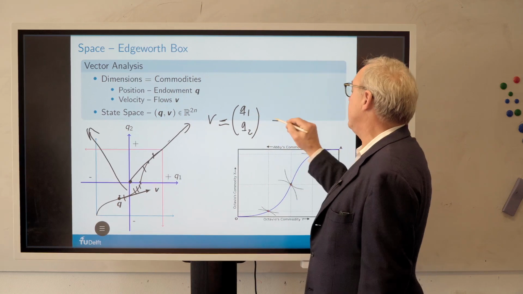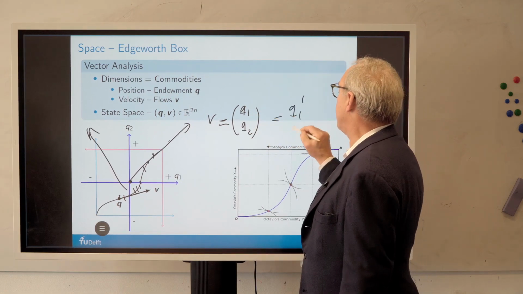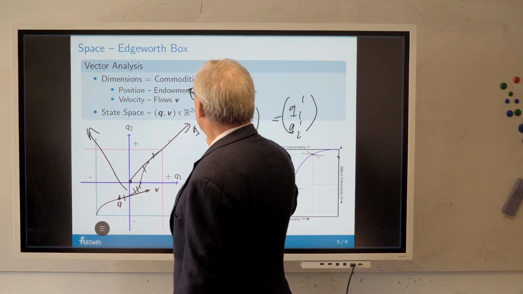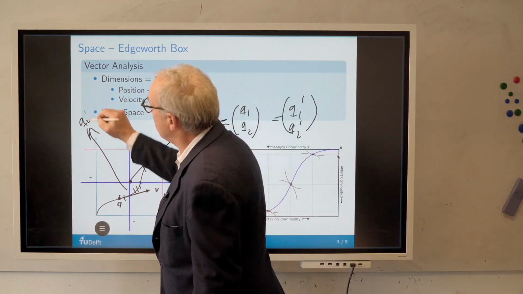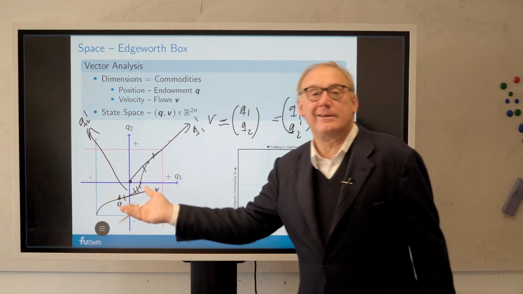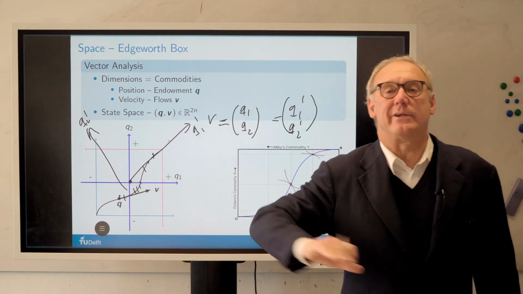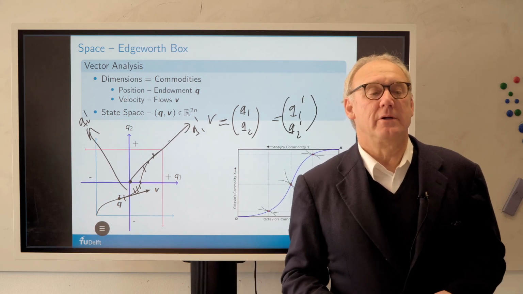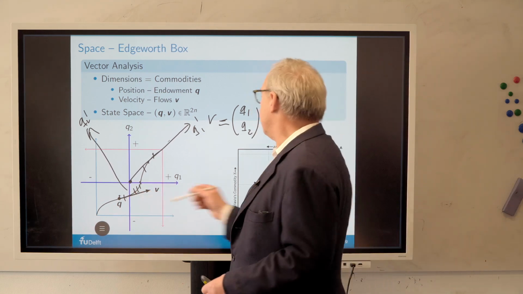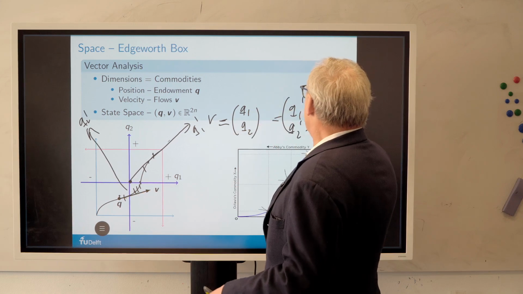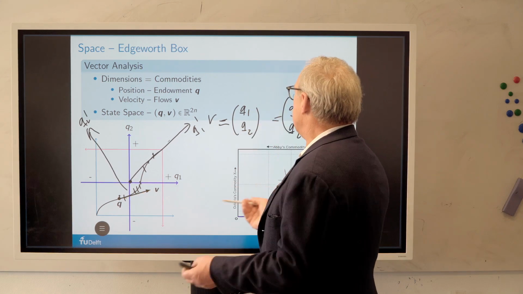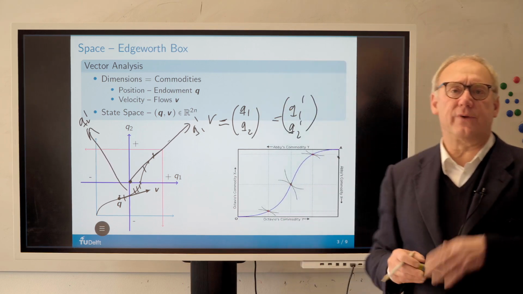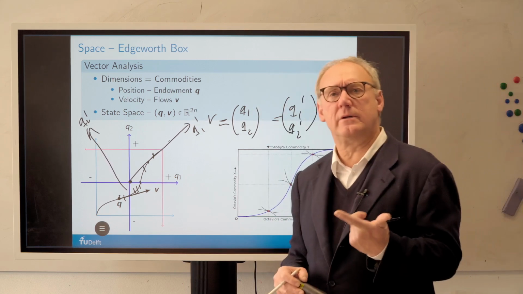I would have to put a prime here, because this is the prime frame. But it would still be the same vector, the same velocity. That won't change. However I define this thing, it cannot depend on these numbers in any physical way.